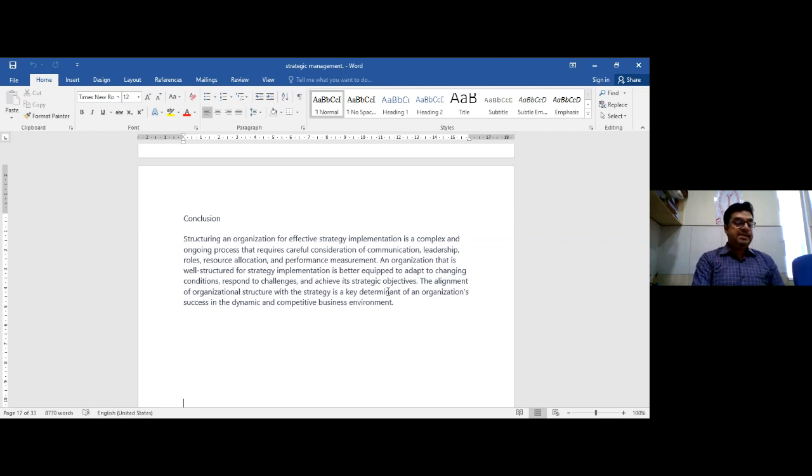So this is all about the structuring of organization for the implementation of strategy.